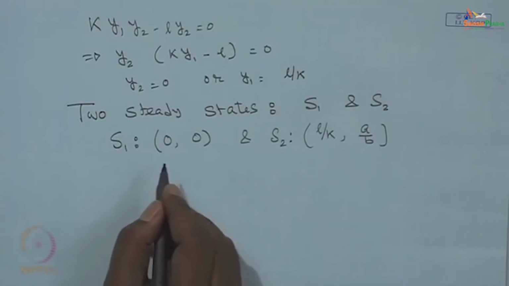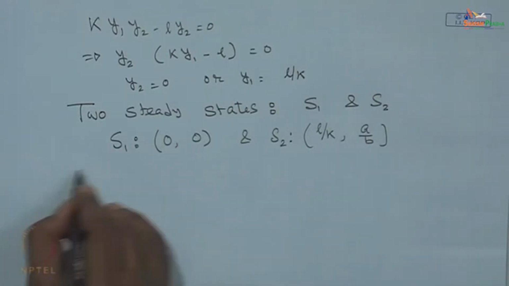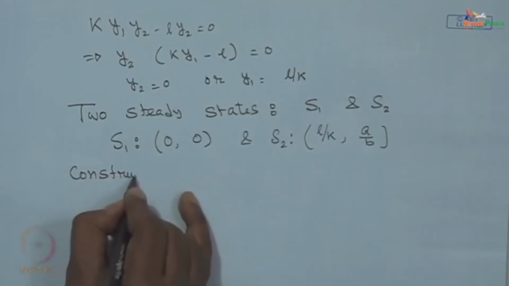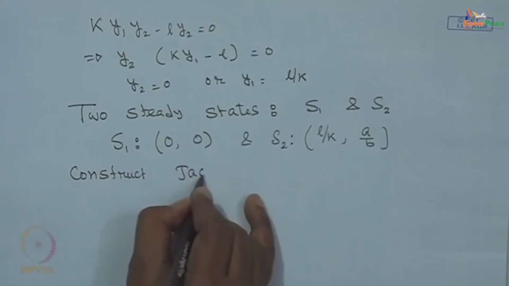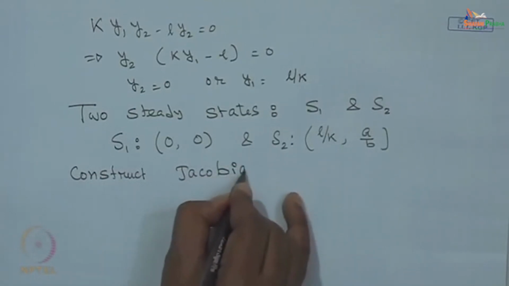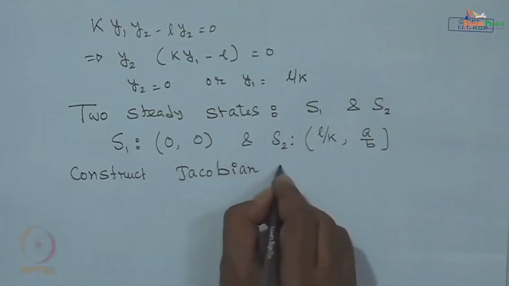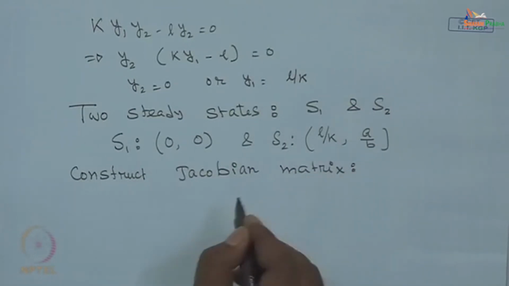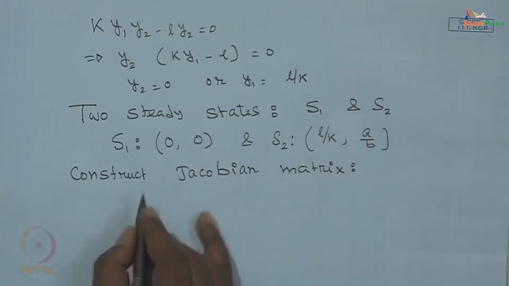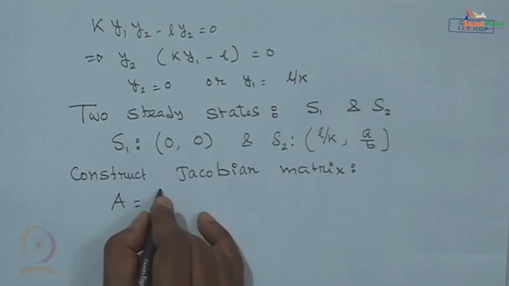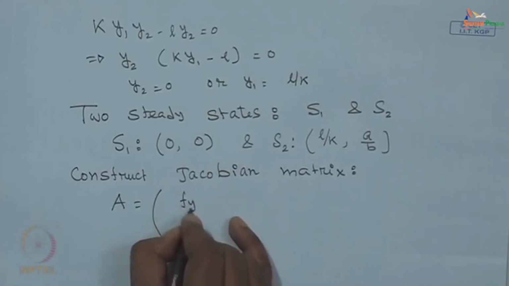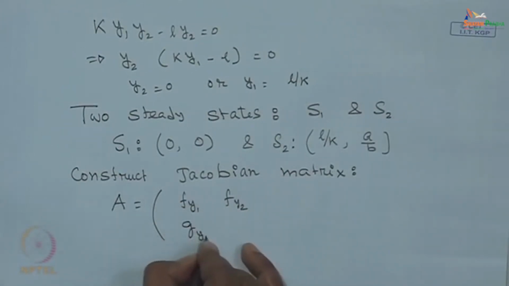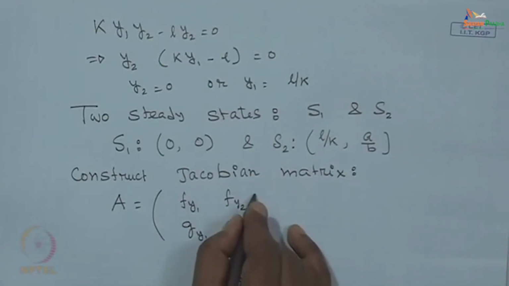But before that, we construct the Jacobian matrix. If we look into the Jacobian matrix, this will be f_y1, f_y2, g_y1, g_y2.